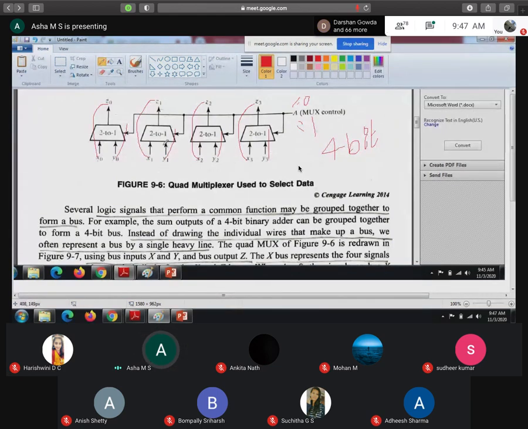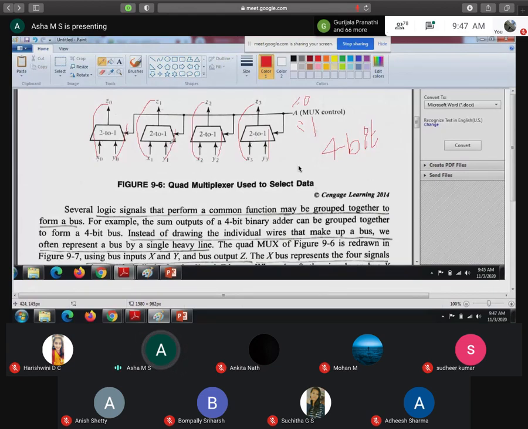All these input signals are going to perform a common function. The logic signals that perform a common function may be grouped together to form a bus. So x0, x1, x2, x3, all these 4 bits are going to be selected together, which means these 4 logic signals perform a common function.